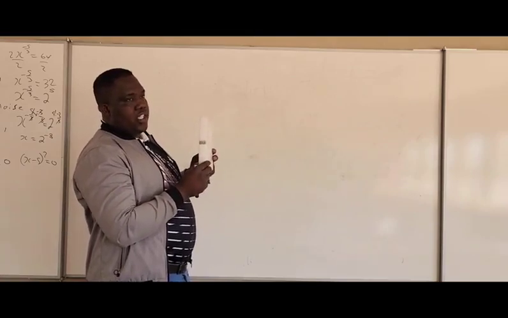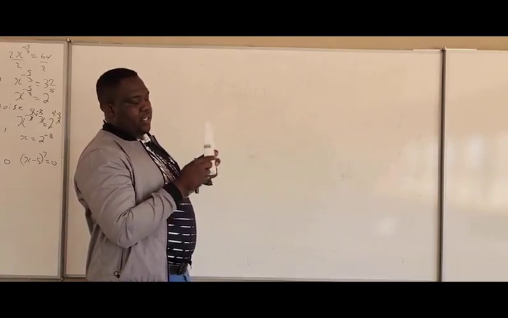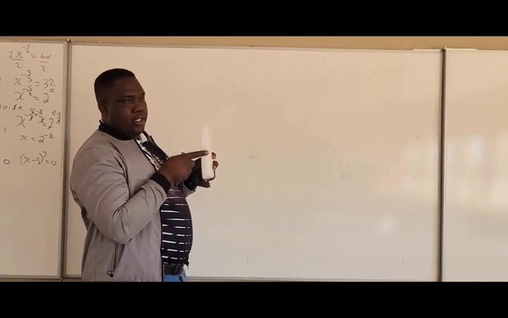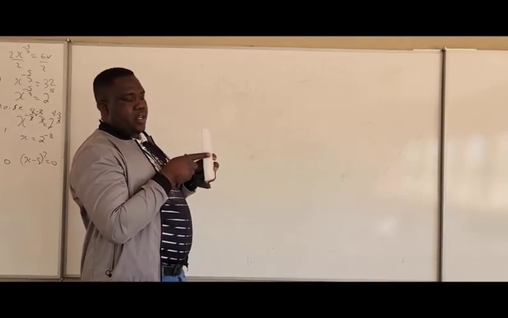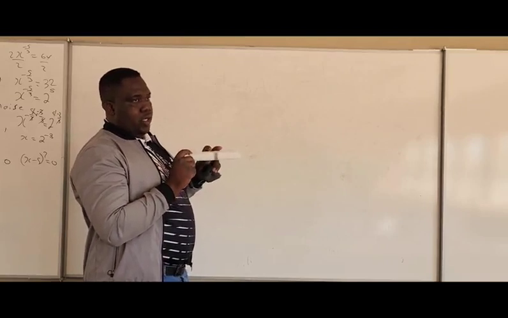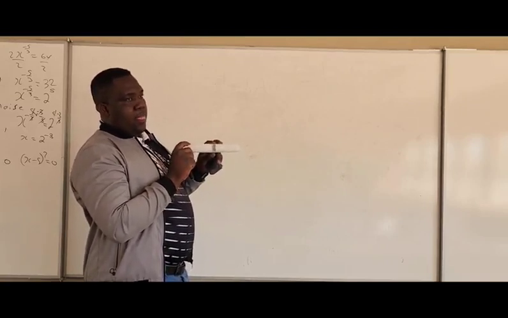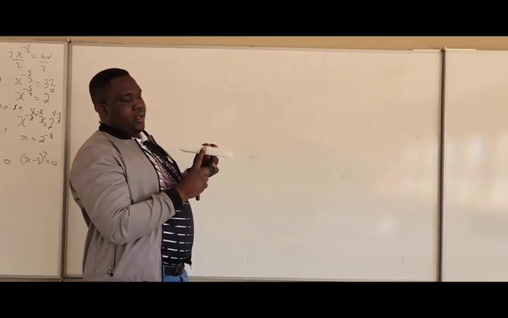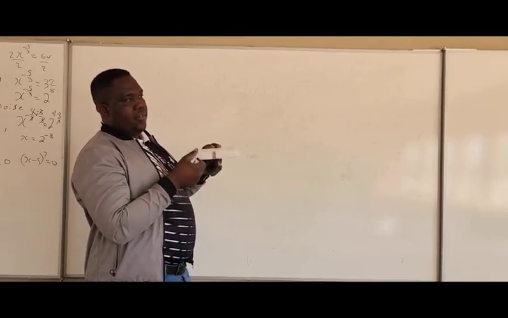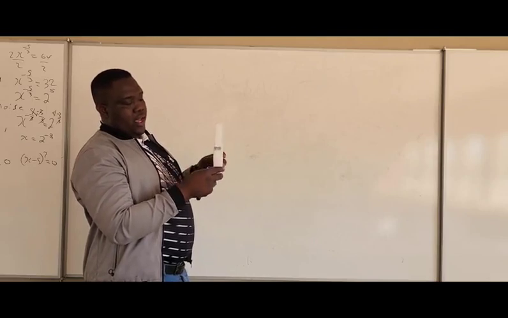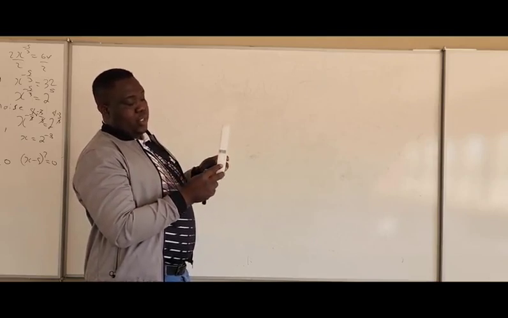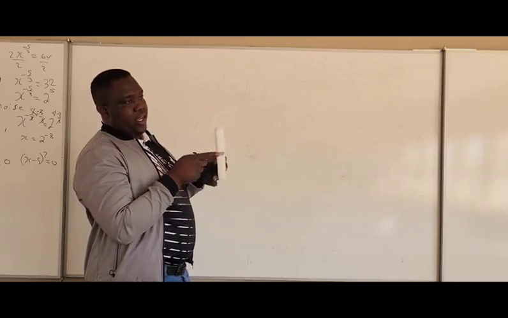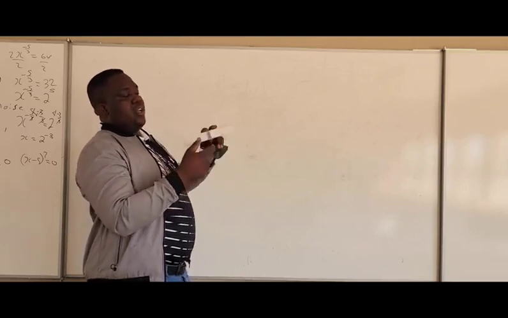When the coil is perpendicular to the magnetic field, the normal line is parallel to the magnetic field. Again, when the coil is parallel, the normal line is perpendicular. When the coil is perpendicular to the magnetic field lines, the normal line is parallel. So there's going to be that change.